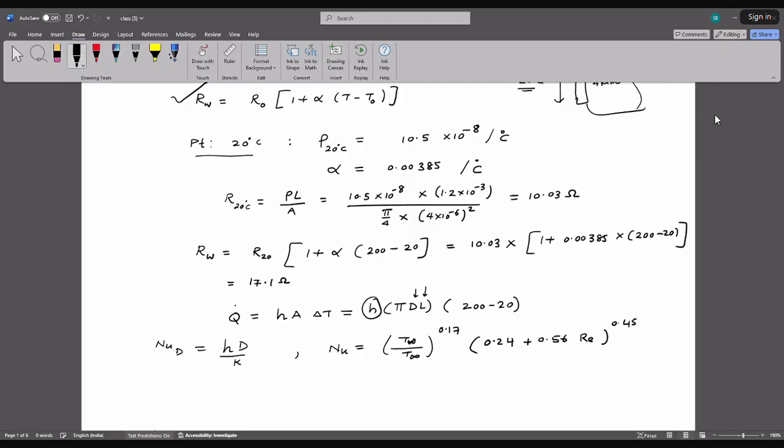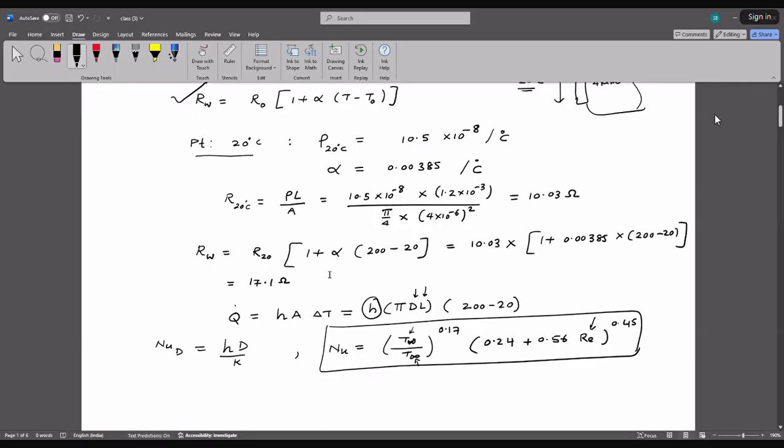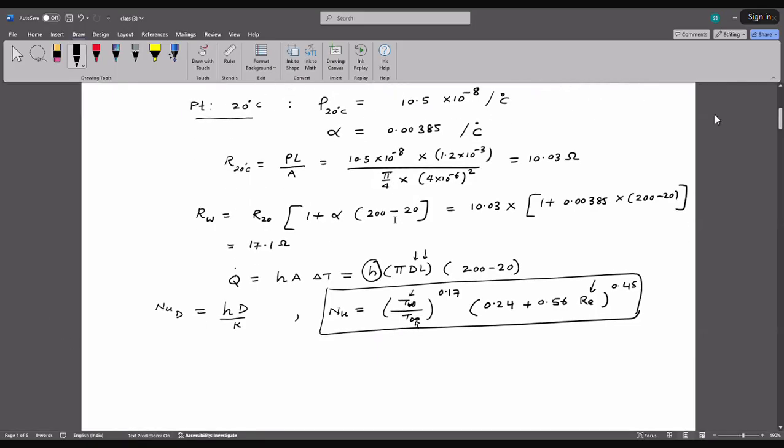So this correlation is one such correlation that we can use, and if I ask you a problem, I will give you this relationship where the Nusselt number is related to the temperature of the wire, the ambient temperature, and how fast the flow is happening, the Reynolds number. So we need to first calculate the Reynolds number.